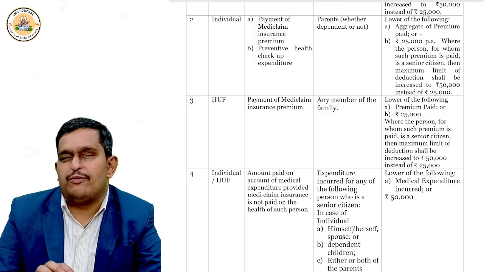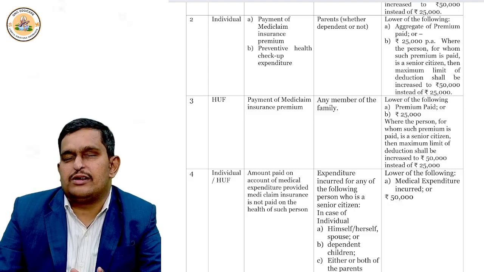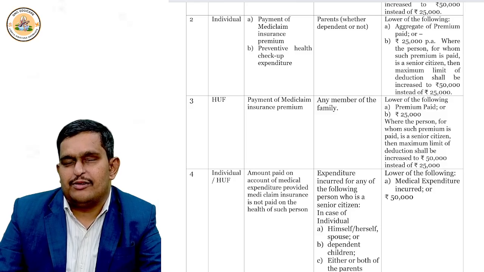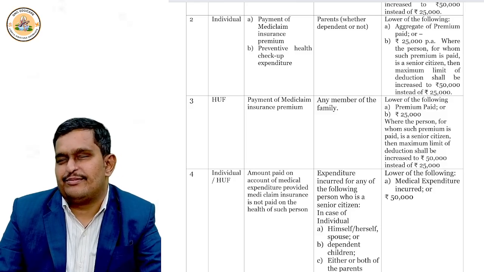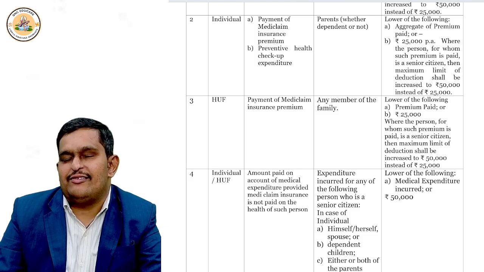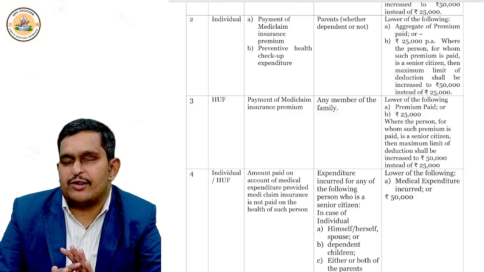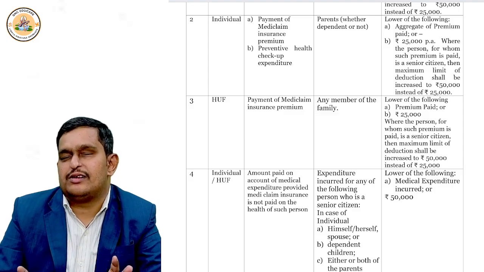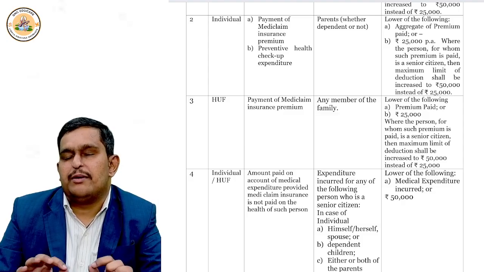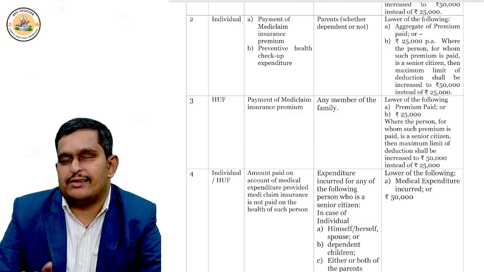Okay. Come to the fourth point. Fourth point simply says that here we are not talking about HUF alone or individual alone. We are talking about both of them. Okay. And here we are not talking about premium for sure. Health insurance premium we are not at all talking about. We are talking about medical treatment expenditure.